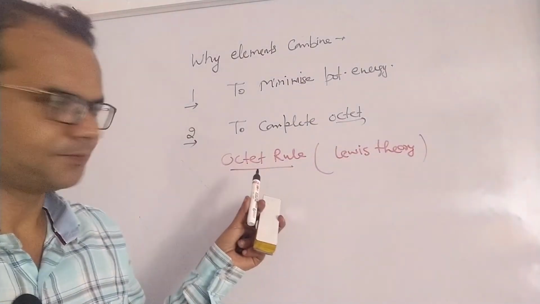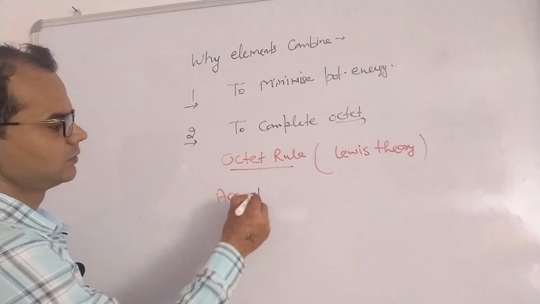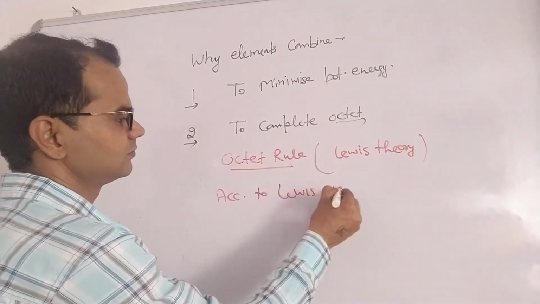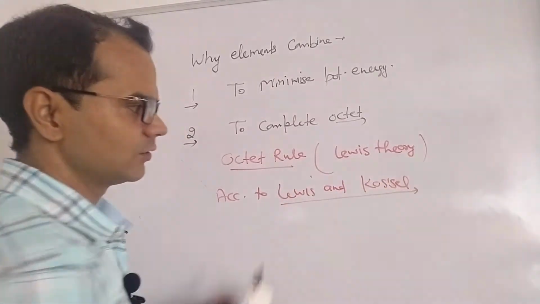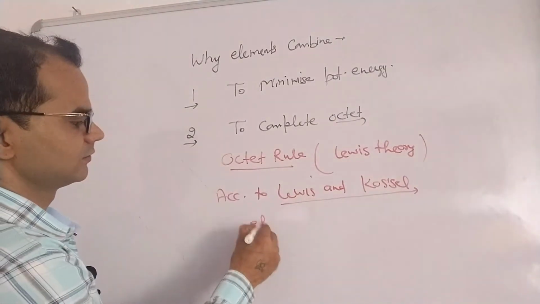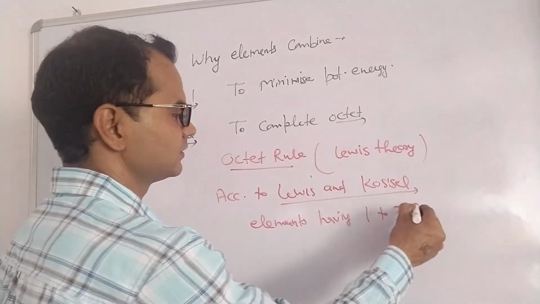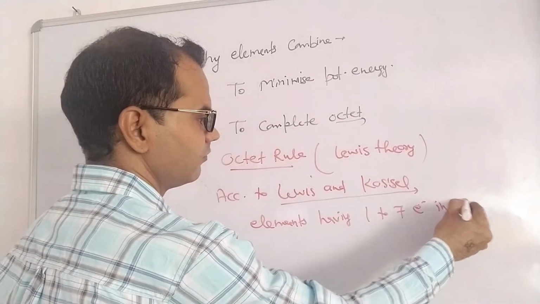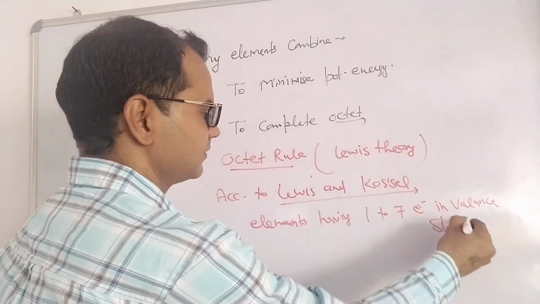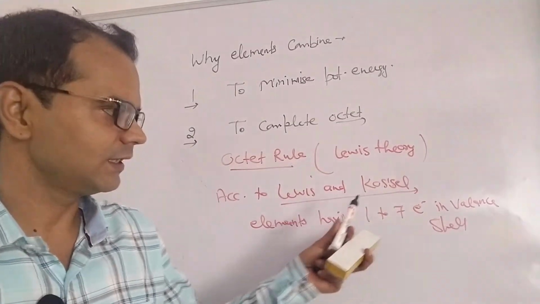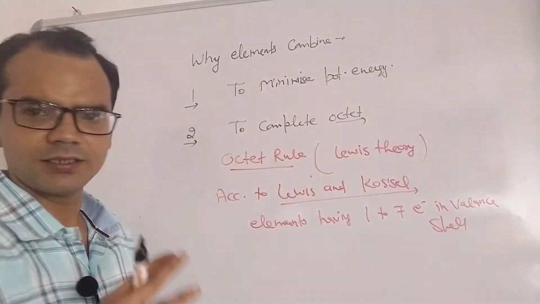According to Lewis and Kossel, elements having 1 to 7 electrons in the valence shell can combine with each other in 3 ways.